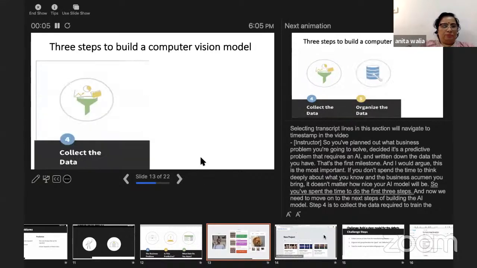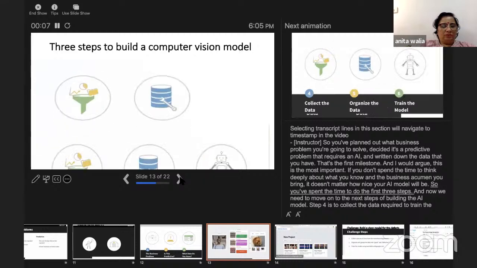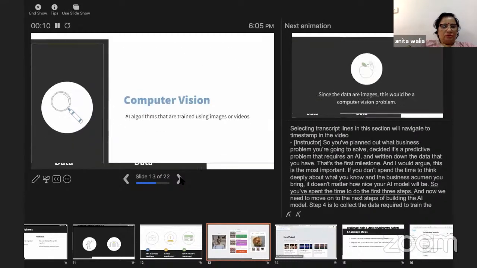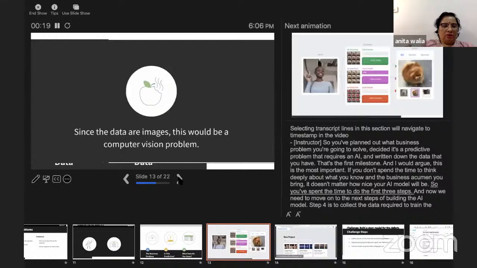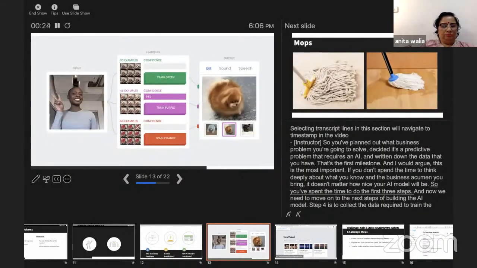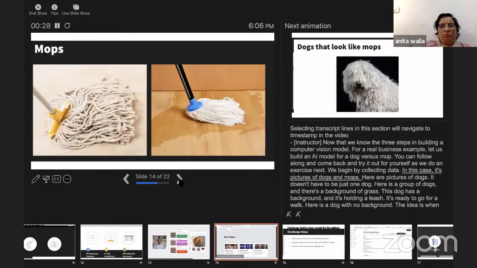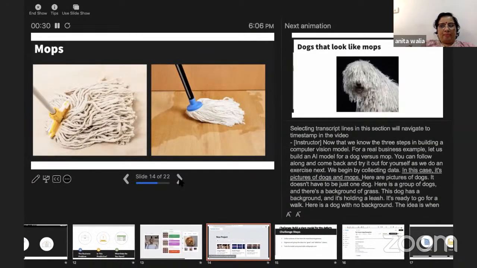I already told you the 3 steps. For computer vision, the AI model which we are building is trained using images and videos to solve computer vision problems. The problem I'm taking is that I have images of mops, and I've also taken certain images of dogs.